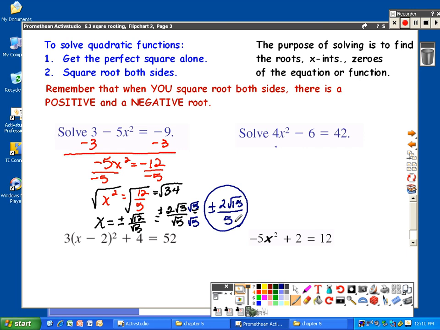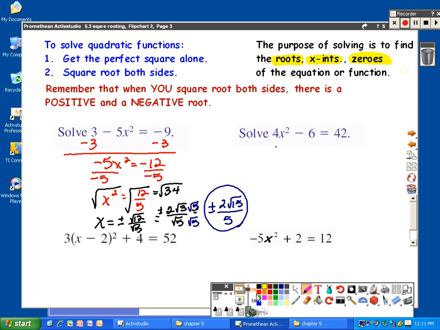Notice here, it says the purpose of solving is to find the roots, which is the same as the x-intercepts, which means that it crosses the x-axis, which is the same as saying the zeros of the equations, which is why we have set our equation equal to 0. That means when y is 0, I have an x value. So let's continue solving for these roots, these x-intercepts, or these zeros.